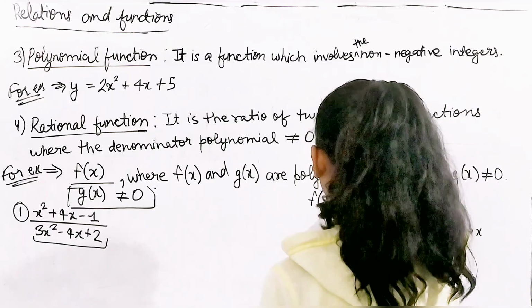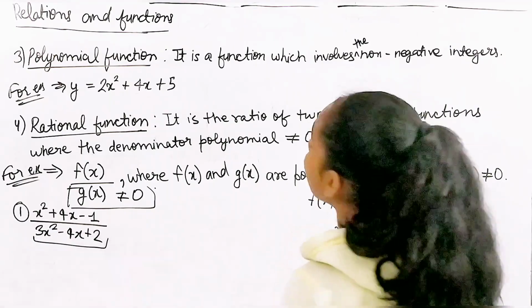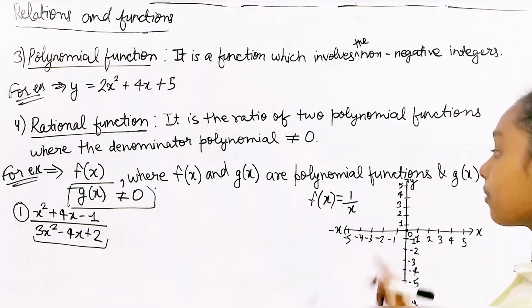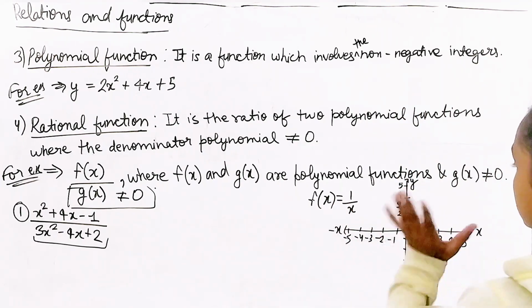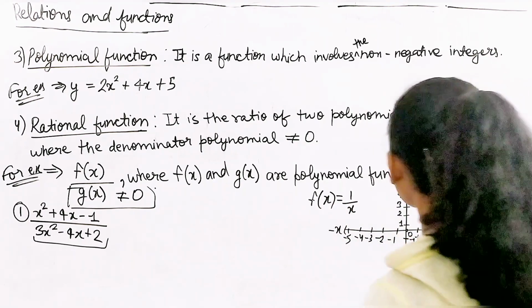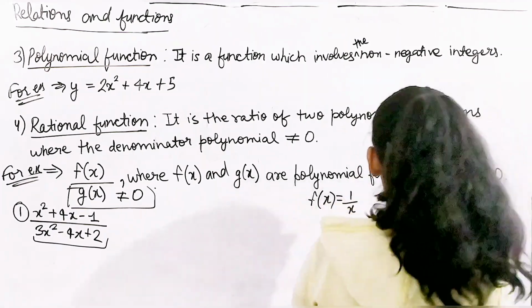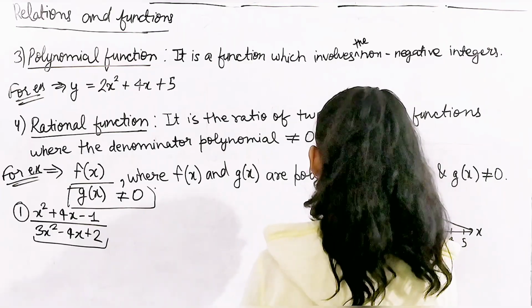Yeah, so let's say that f(x) is equal to 1 upon x, okay? f(x) is equal to 1 upon x. This is one thing that we have to keep in our mind. So how is it going to be? It's actually going to be this way.